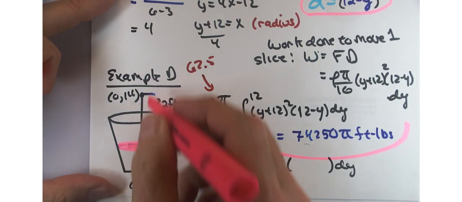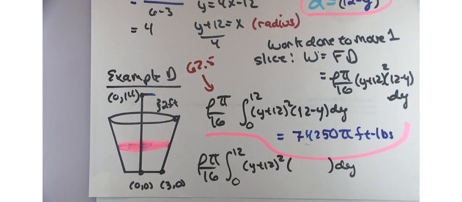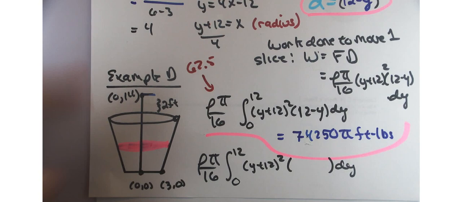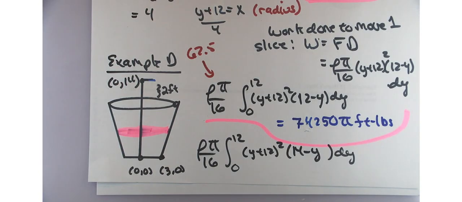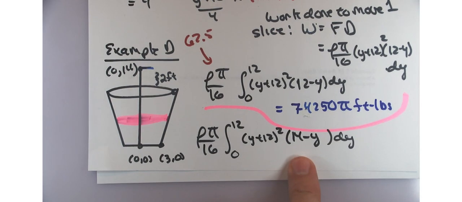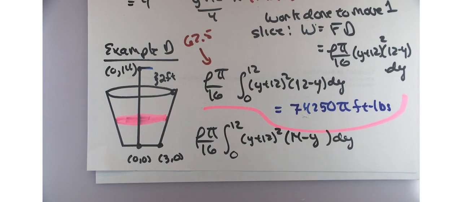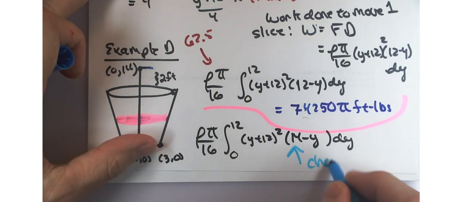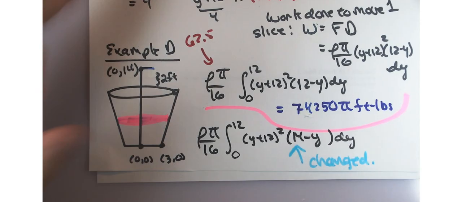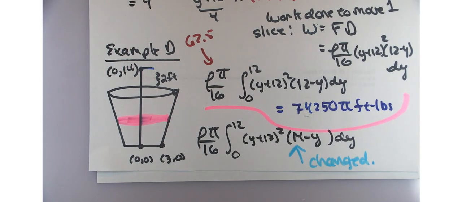So that slice now needs to travel a distance of what? 14 minus y, like that. So that would be the big change: the distance formula has changed. And the rest, I think you can work out with fnInt like we did before.